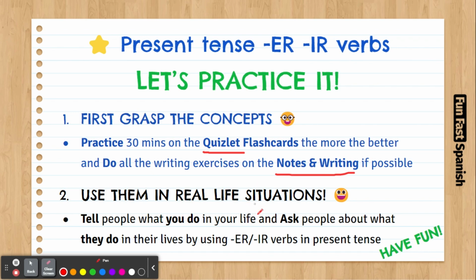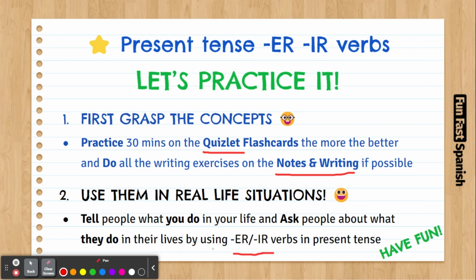So again, we are going to tell people what you do in your life, hobbies, work, anything, and ask people what they do in their lives, in present tense. That will be it. And use not only ER and IR verbs, but also the AR verbs that we learned before.